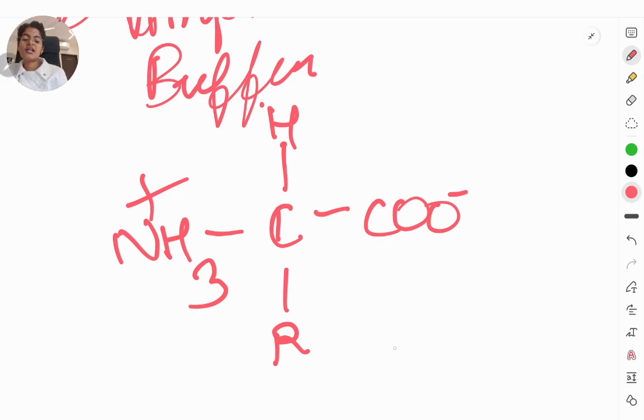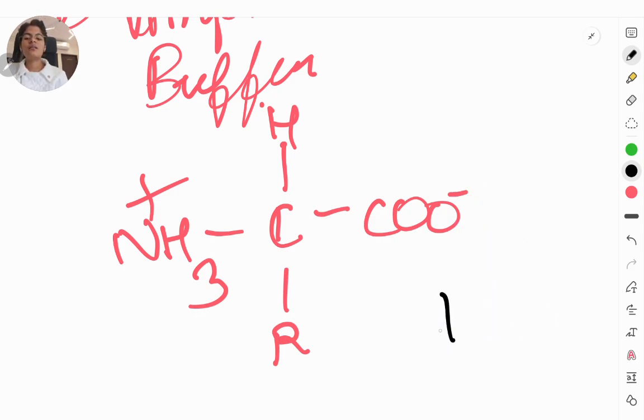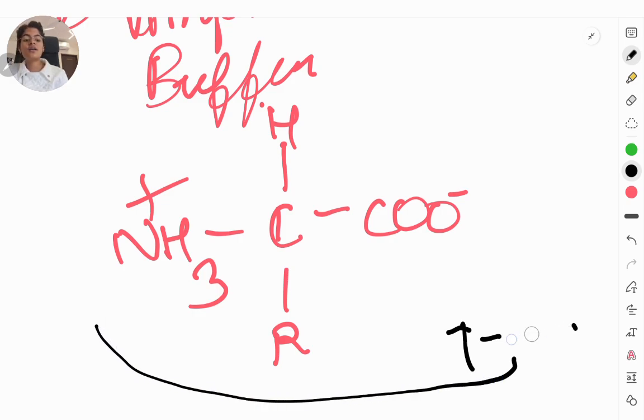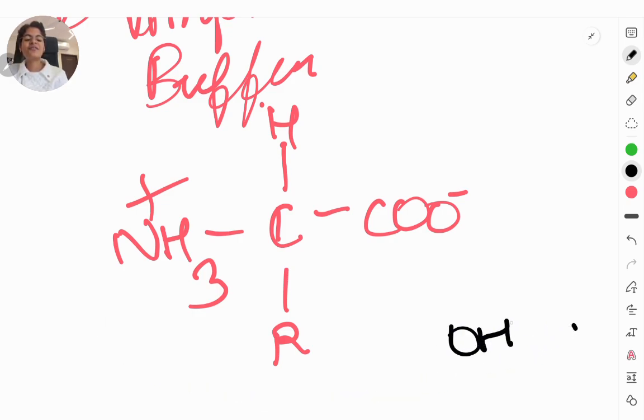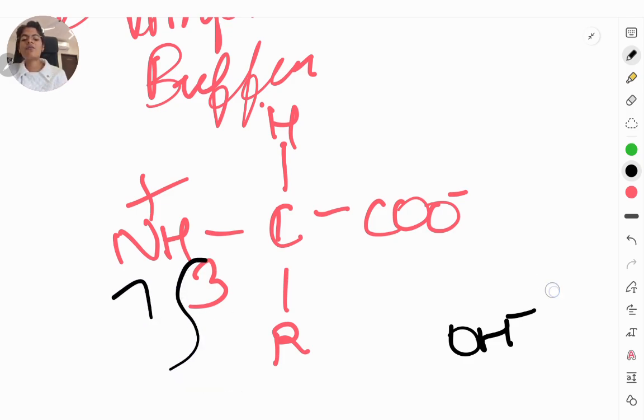If there is any change, like the surrounding is having more H plus ion, who is ready to take it? COO minus can take H plus. Why? Can you see the negative charge? Negative positive attract. Again, it would form like this. So this is its amphoteric nature. And if any negative charge increases, like OH minus, if there is a basic environment around, it will go here and take H plus with it and form water.